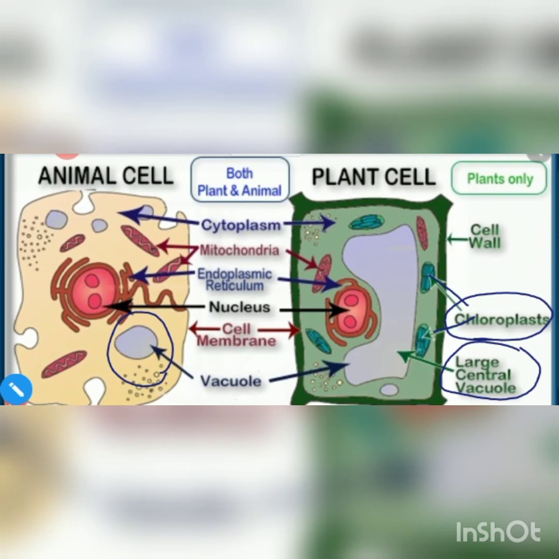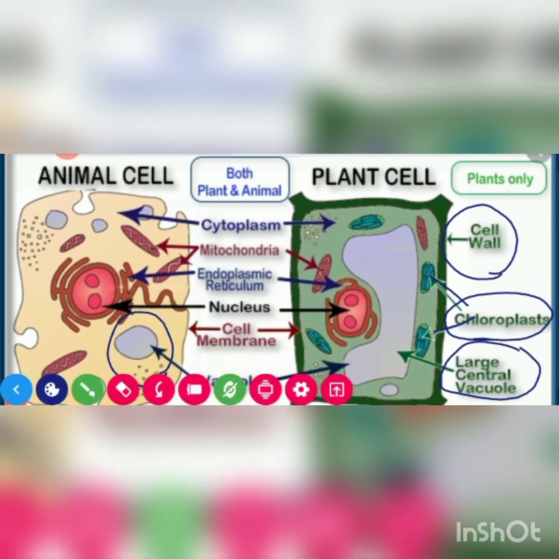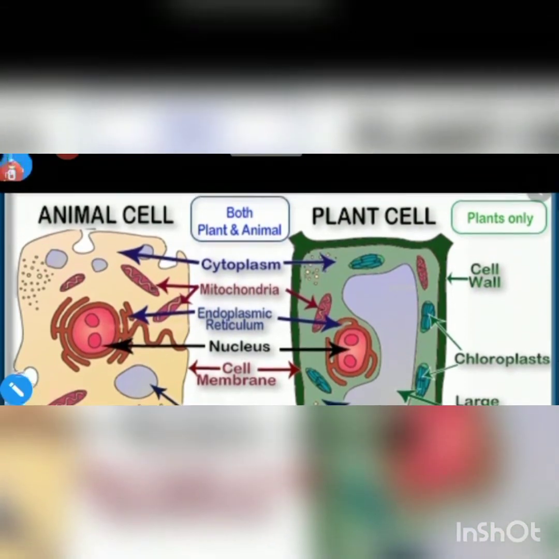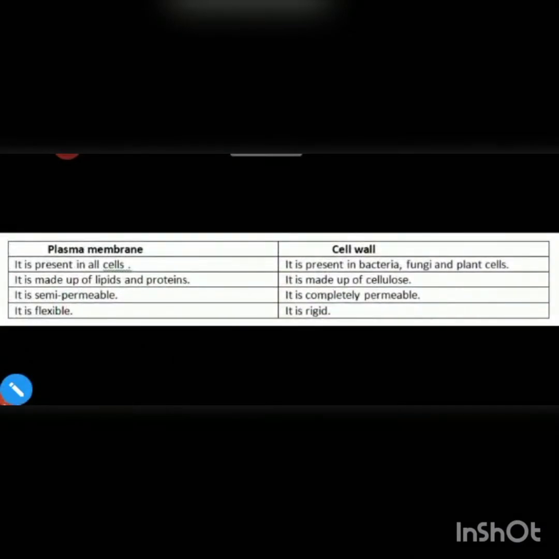The most important difference is that plant cells have a cell wall. Now, what is the difference between a cell wall and a plasma membrane? The plasma membrane is present in all the cells. Animal cells and plant cells, all of them have a plasma membrane.